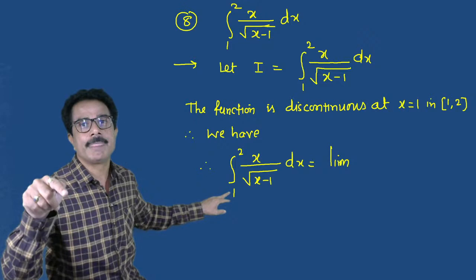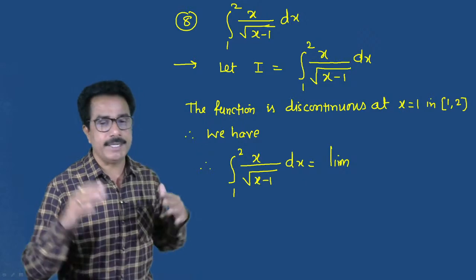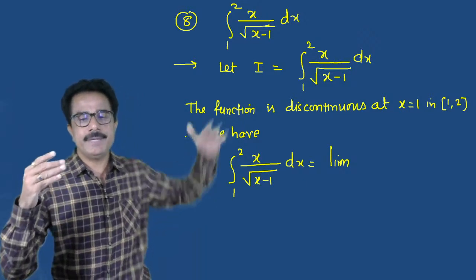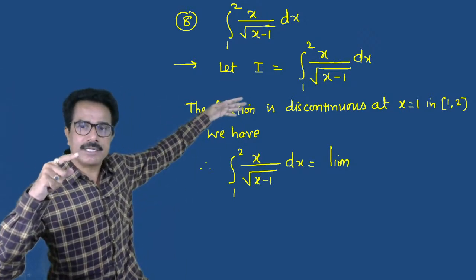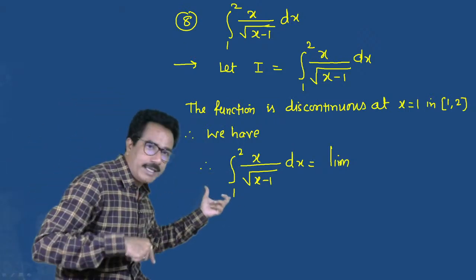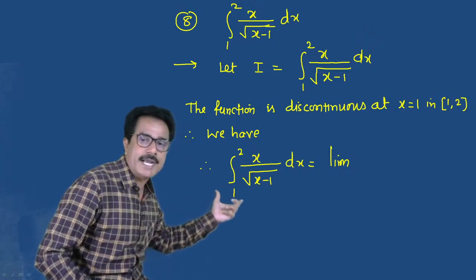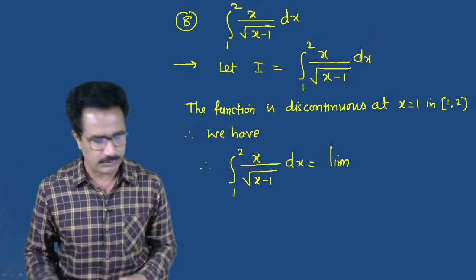Now while solving this limit we have to use lambda, because the limit is at the left end, discontinuous at the left end, so you must know this.